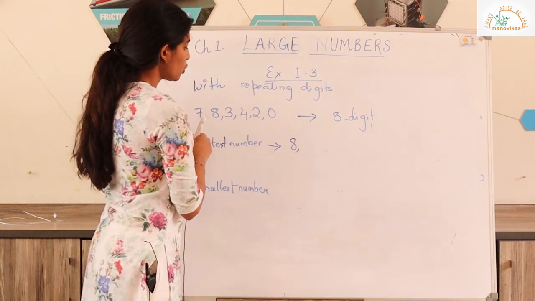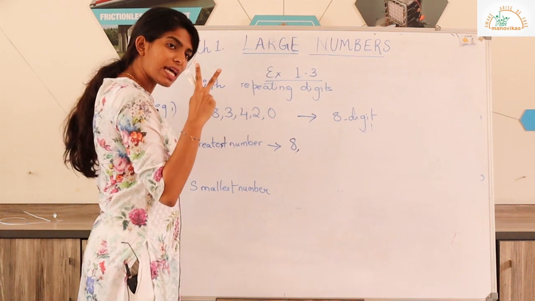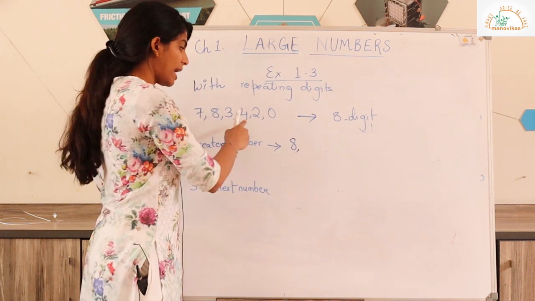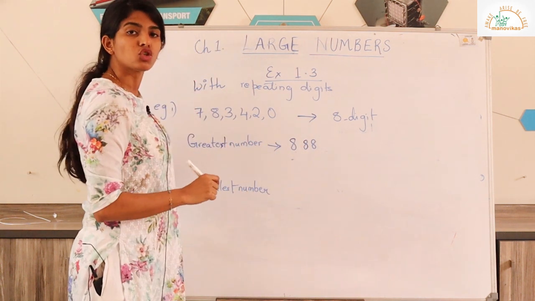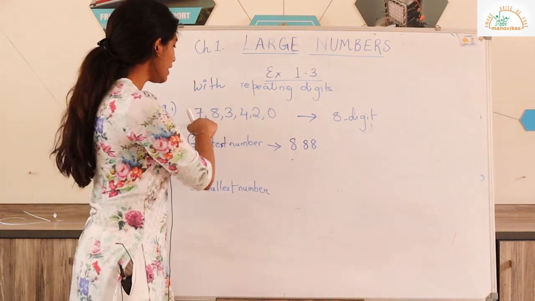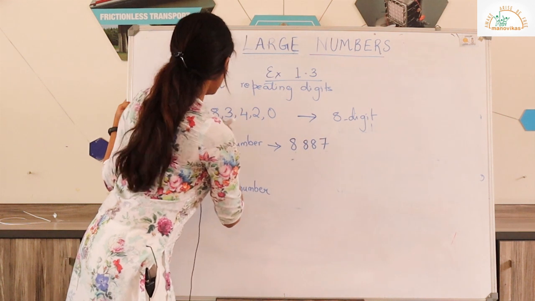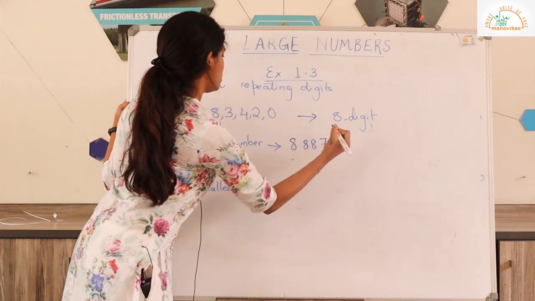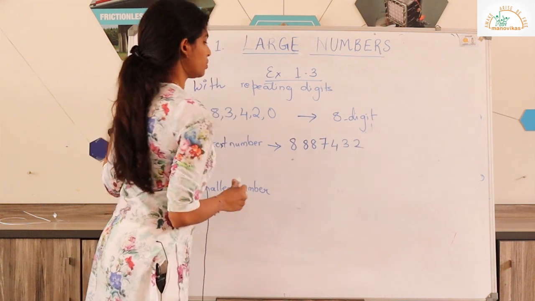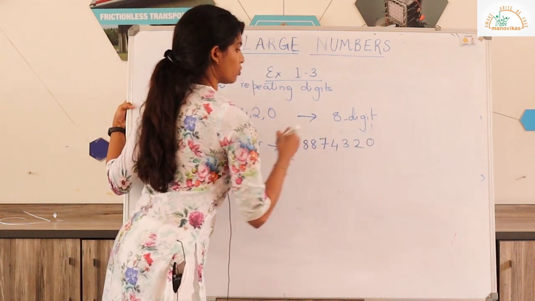Now if I add 2 more numbers, I will get an 8-digit number. So I have to add 2 more 8s. Then you continue with the next digits, that is 7, 4, 3, 2 and 0.